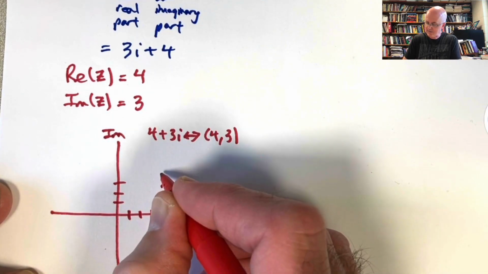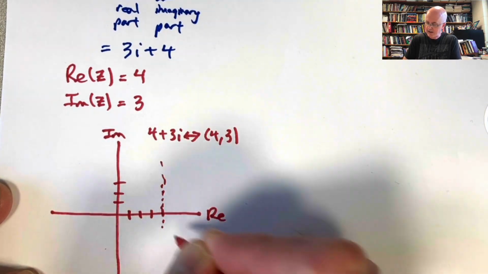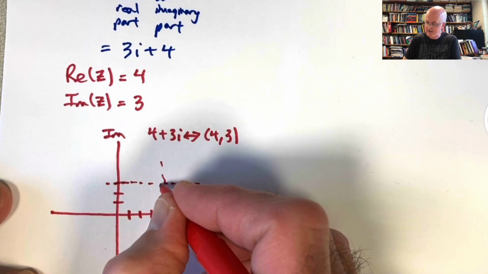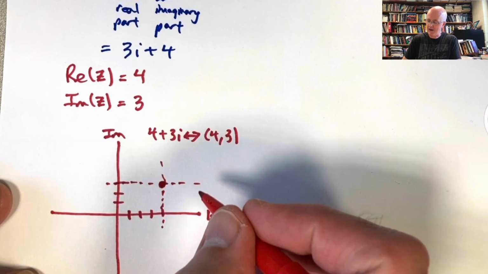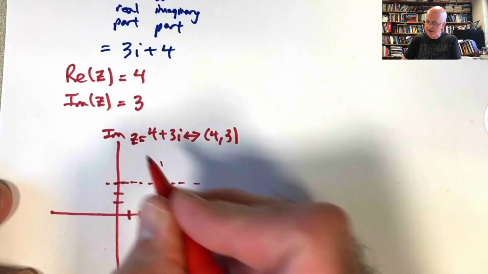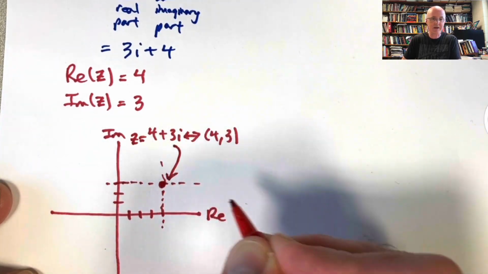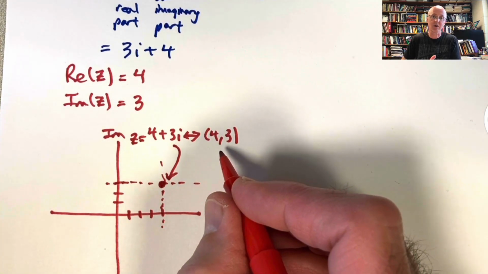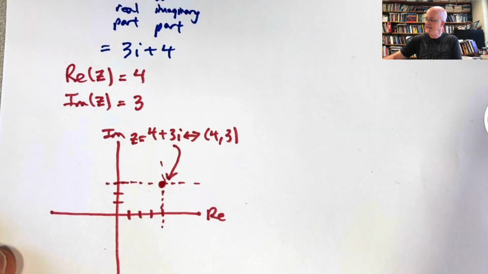I see where this vertical line at the real part equaling 4 and this horizontal line at the imaginary part equaling 3 intersect. That point right there is our complex number z equals 4 plus 3i, again corresponding to the point whose rectangular coordinates are 4, 3. We can plot plenty of other complex numbers in this complex plane.